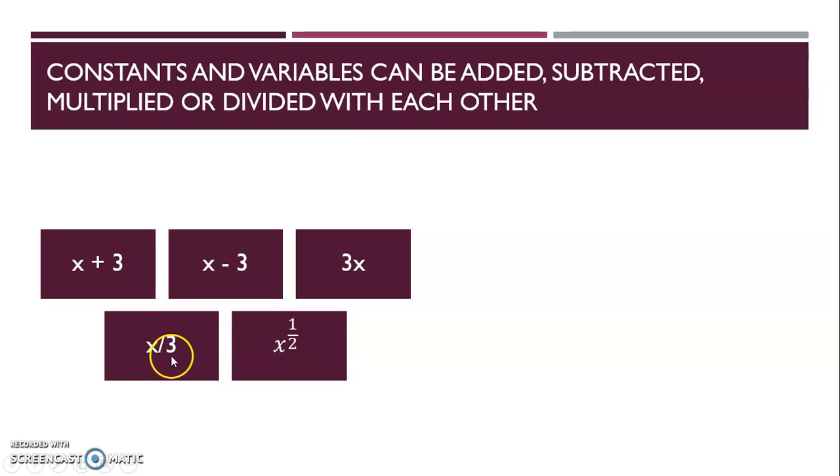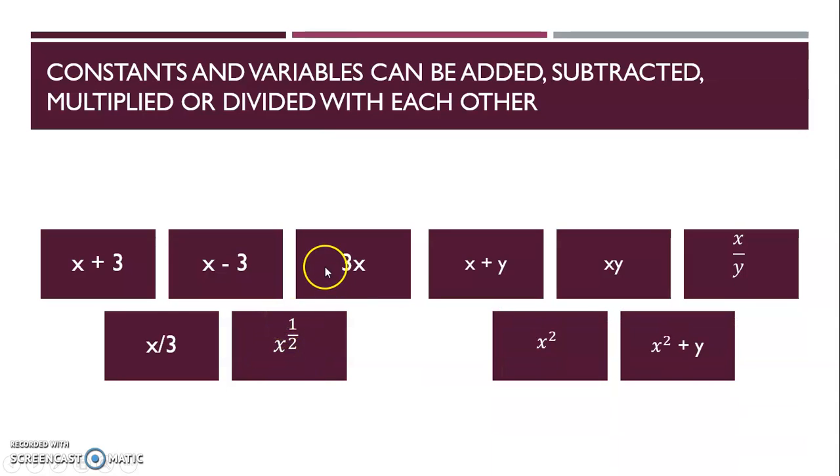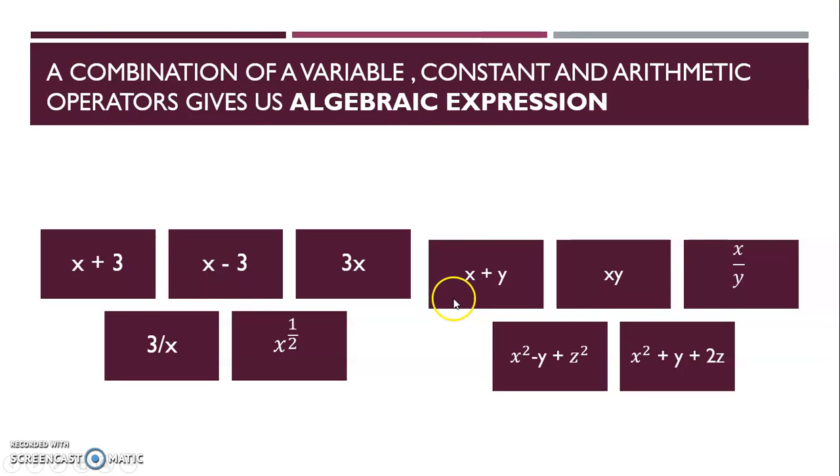Here I am dividing x by 3. This is x to the power 1 by 2, that is root x. And I can add two variables also: x plus y, x into y, x by y, x square plus y.